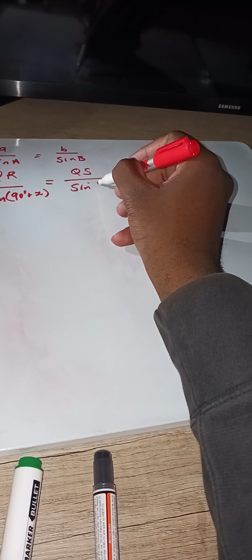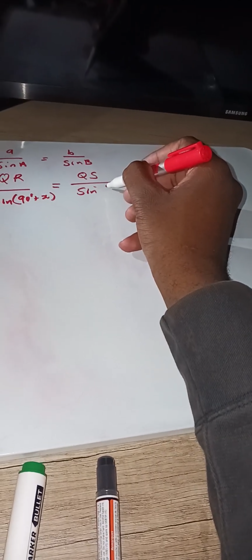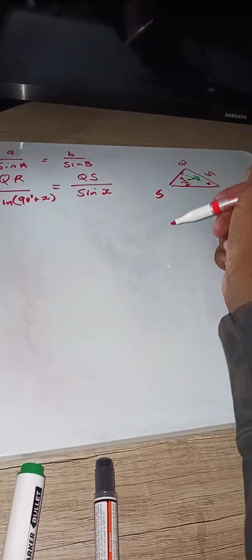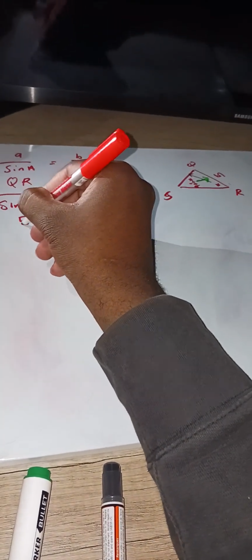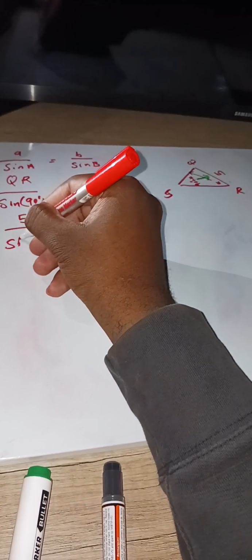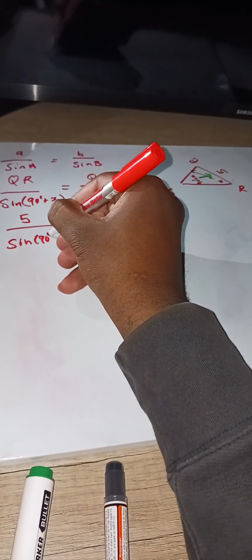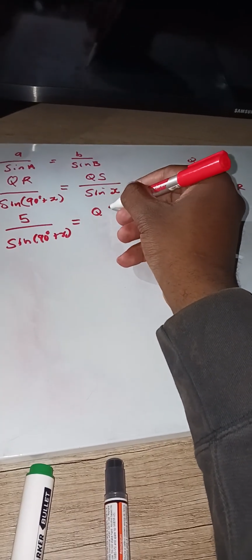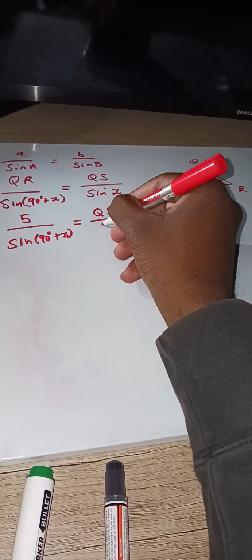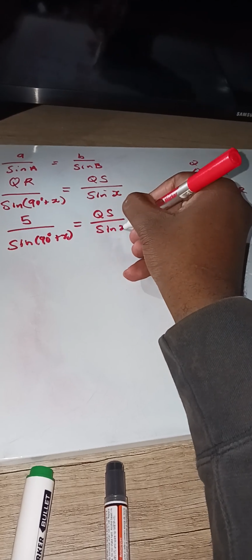Sorry, my structure is just a little bit small because of the board I'm using. So sine of X. Now, already we're given QR. QR is 5 all over sine of 90 plus X, which is equal to QS, which we're looking for, divided by sine X.